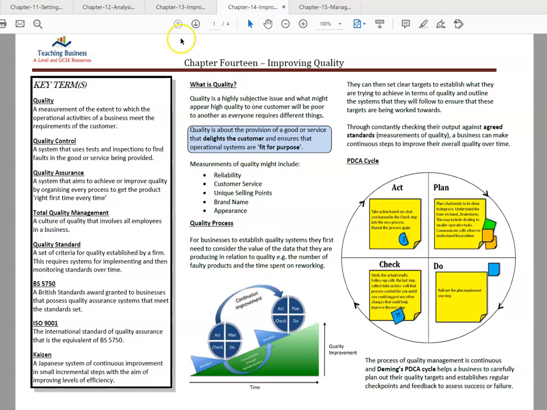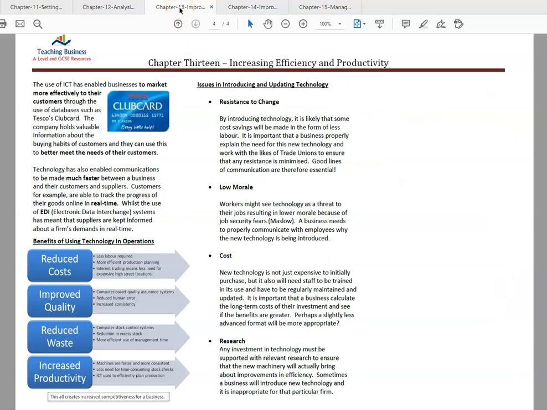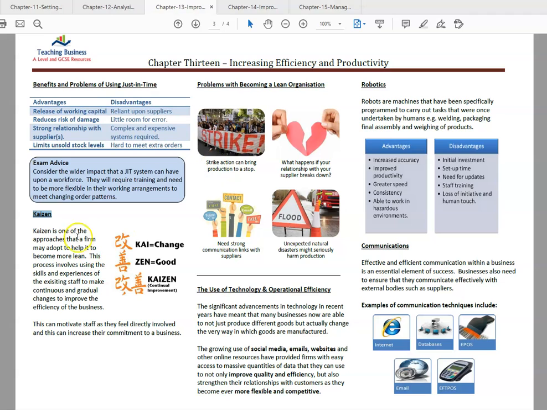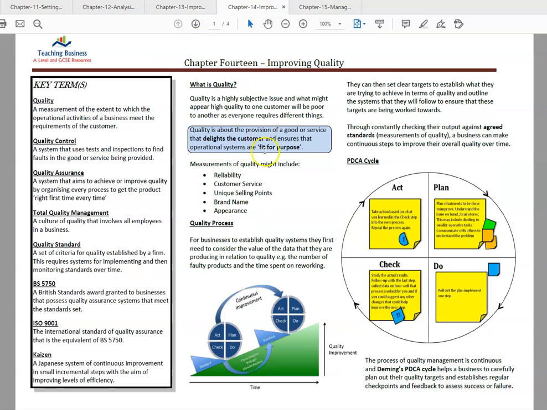So a little bit like the Kaizen, quality has a cycle and recommends this constant loop. You plan, then you make the improvement, then you check, and then you act on that.